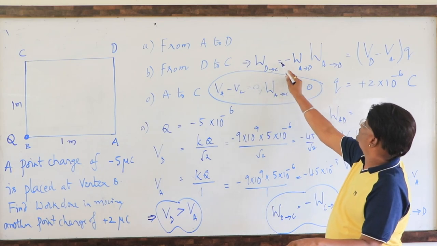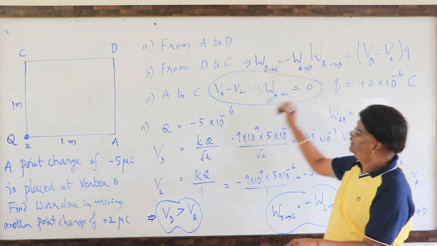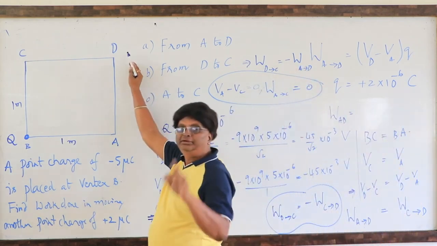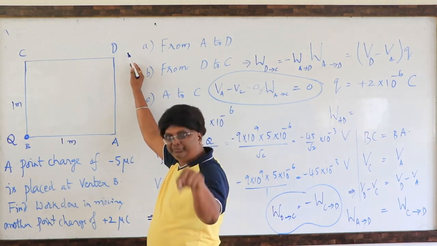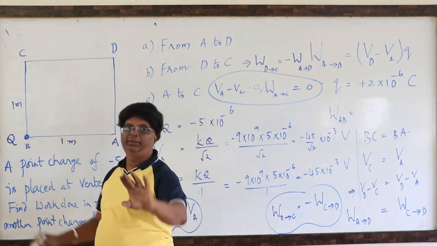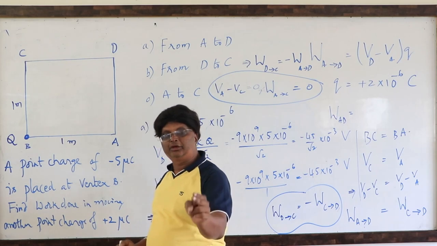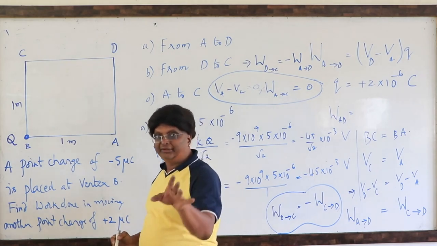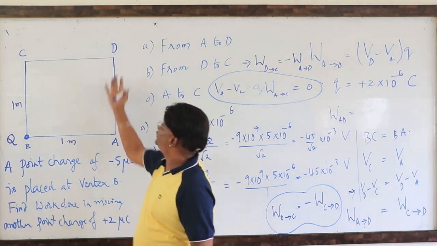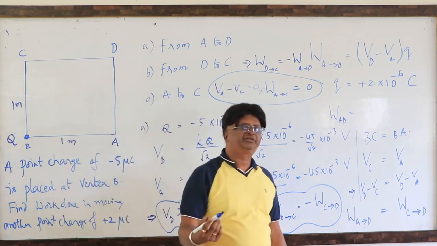Again we have said the same can be an answer. W D to C is negative of W A to D. Therefore A to D, W1, if it is positive work, D to C will be negative work and they are equal. Equal and opposite signs will be there. Supposing if this is negative, the other work W2 will be positive.